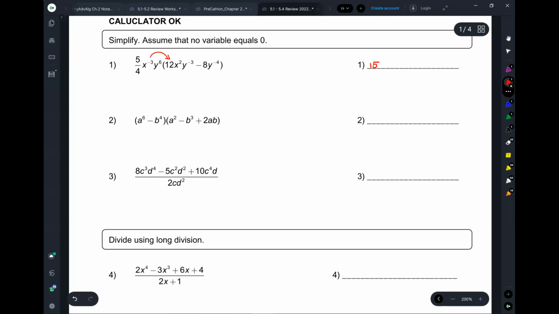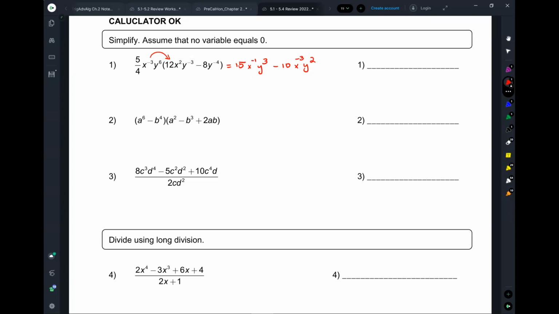Let me write it here. So it's going to be 15 x to the negative 1, y to the 3, minus 10 x to the negative 3, y squared. And now anything that has a negative exponent has to switch between numerator and denominator.